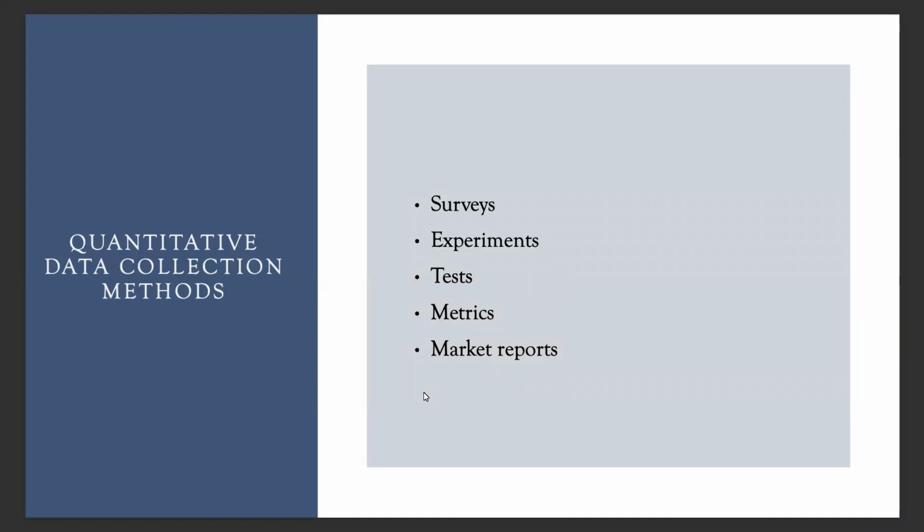You can also do other experiments in planning with a control group and a test group, which we can talk about in depth if you are doing something like that based on your project. And then you can also do different tests, collect some kind of metrics. It could be a market report, sale value, or all these kinds of things. They are all quantitative data.